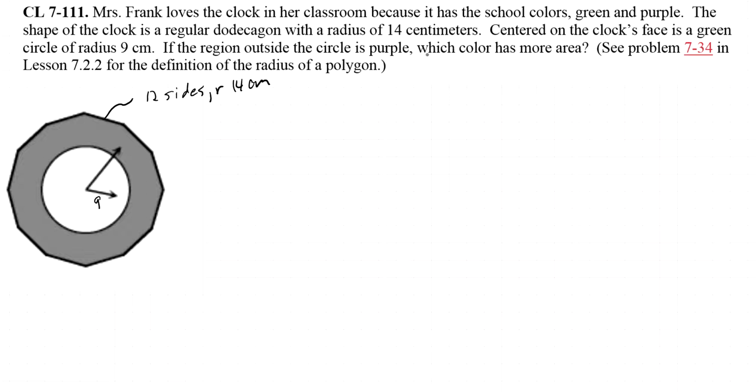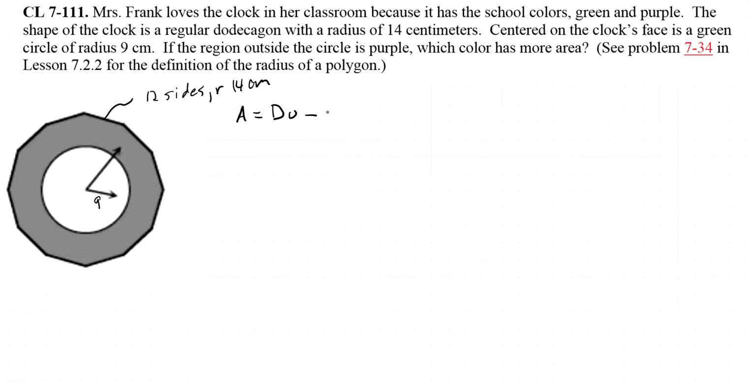Alright, so this is kind of a complicated problem because in order to do this, we need to find the area of the dodecagon. I'm just going to call it do.